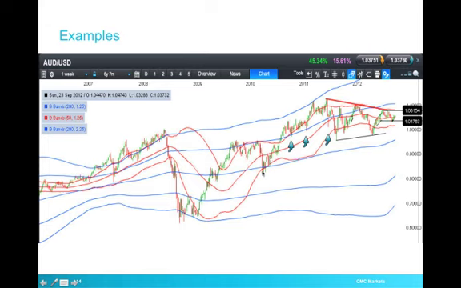Now, what we're also interested in are these points that I've marked with the arrows, where the price has broken outside of the plus 1.25 standard deviation band of the 200, and it's retraced back and touched it and bounced off.